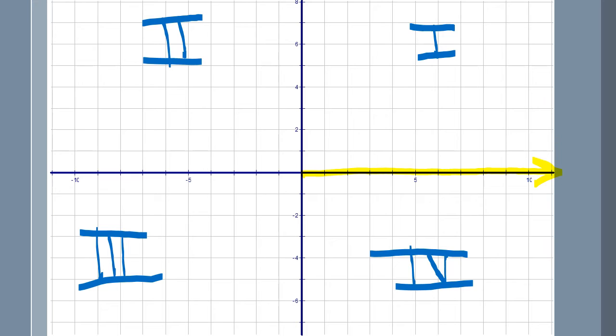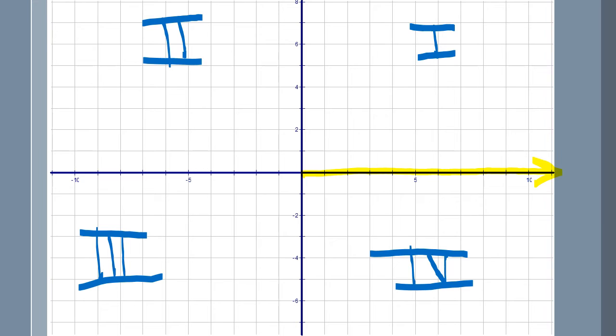So everything up in quadrant 1 is positive, right? Positive x, positive y. Then we go from negative x to positive y, negative x, negative y, and then positive x, negative y in quadrant 4.